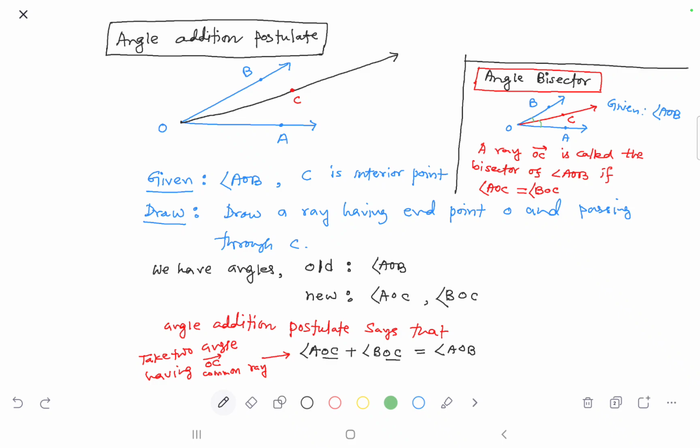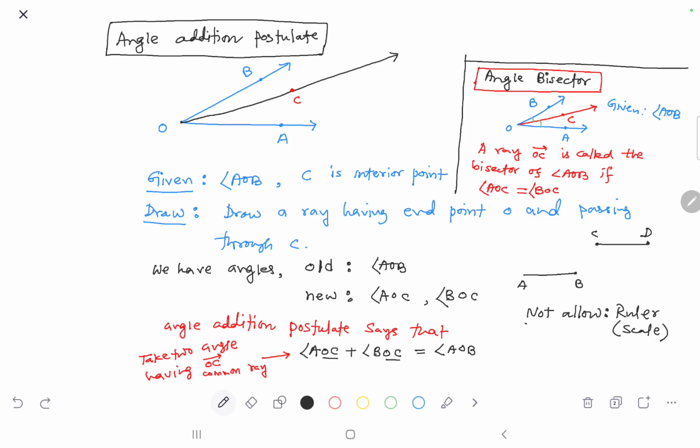So now the question: how do you check whether two angles are the same? If I provide you two angles and you don't know the measurement. For example, if I give you two line segments, let's say one starts from A and ends at B, and another line segment C and D. Suppose, Muhammad, I am not allowing you the ruler, or you can say the scale.